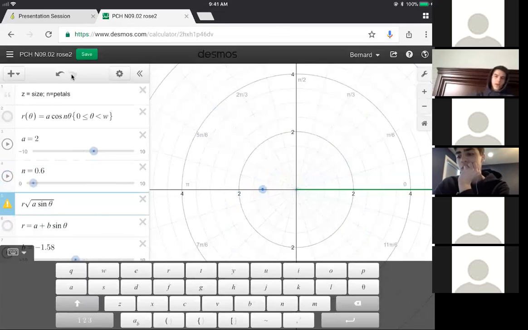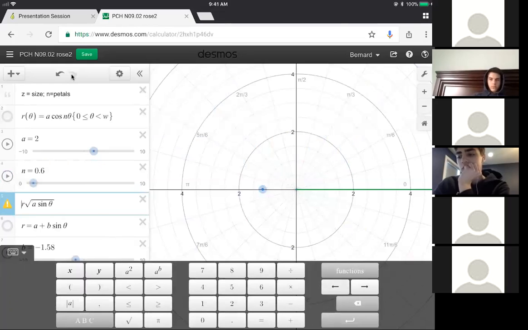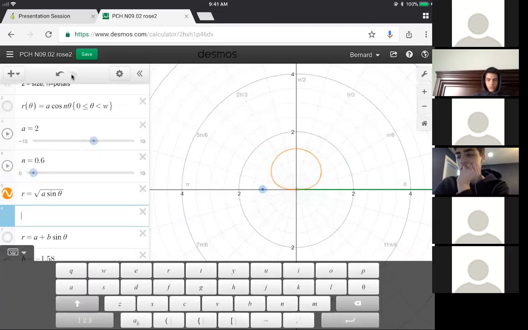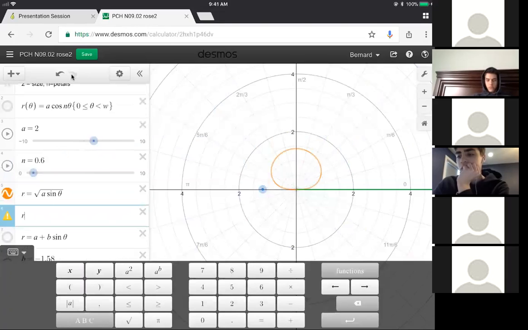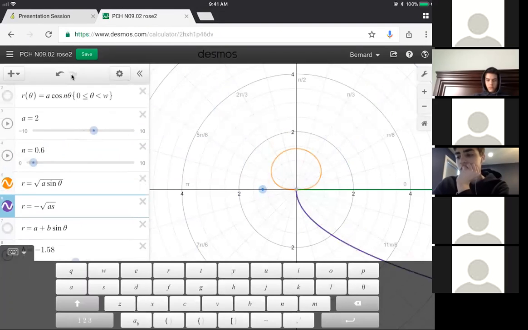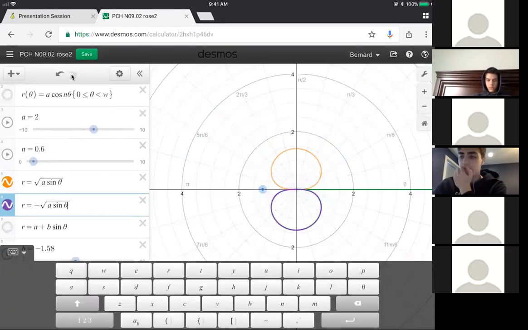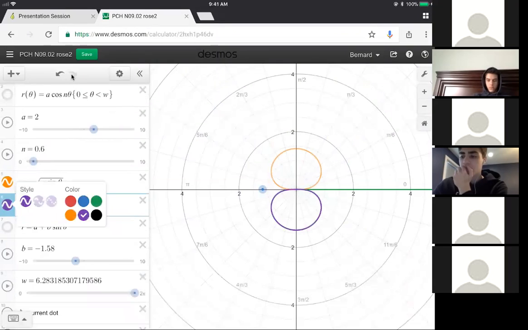Oops. Sorry, it's unhappy because I didn't put an equal sign. And then we're going to give it a partner because it's really r squared equals something. So I'm going to put plus and minus of the same thing. And let's try and make them the same color.